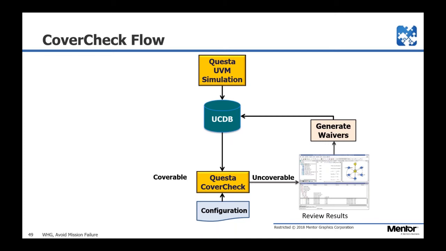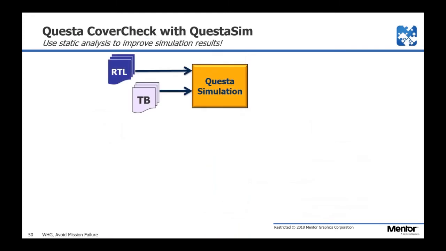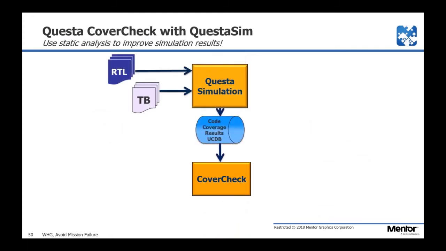Anyway, let's get back to here. The other possibility is that you will run your code coverage, and Covercheck will find and help you to create the tests. So if it says this line of code is coverable, it will show you a waveform that will help you meet that coverage.